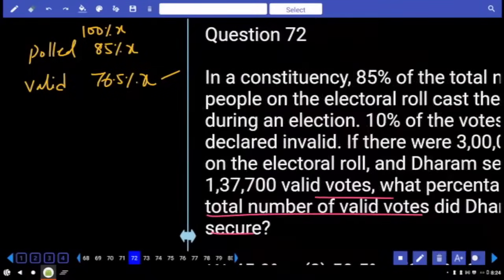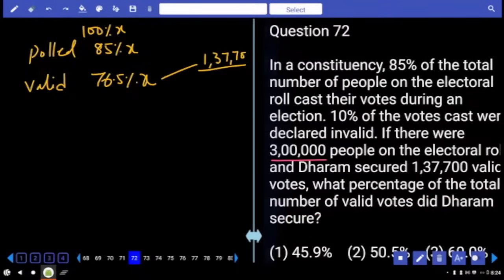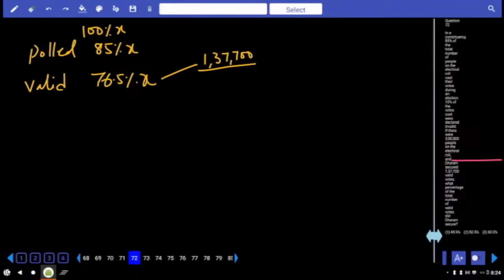What are the total number of votes? 3 lakh. What is 10% of it? 1%. So let me divide this number by 3000 so that I'll get it with respect to total value. Percentage in total. Are you okay?